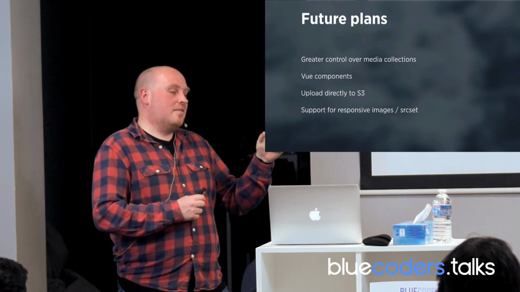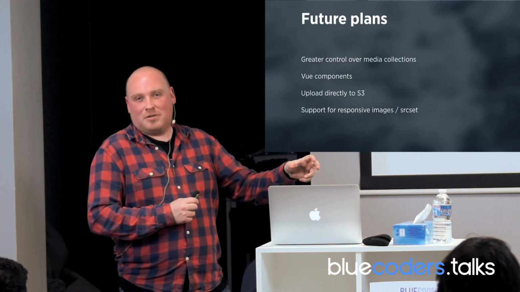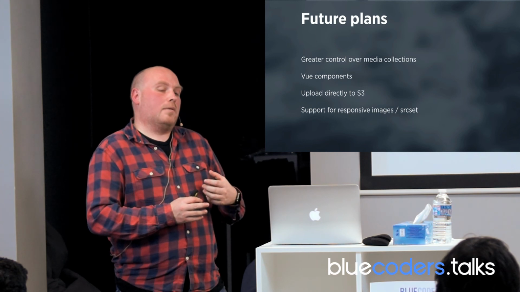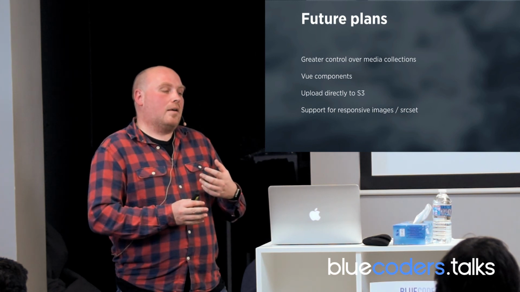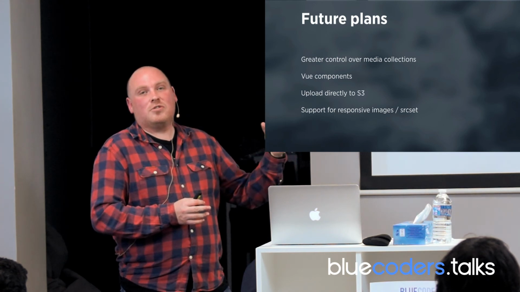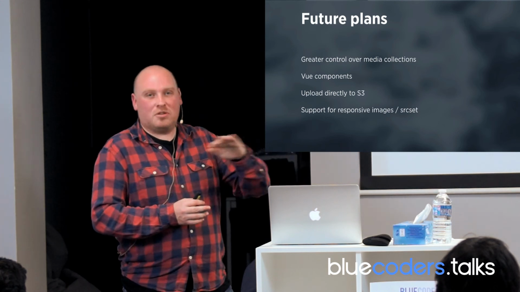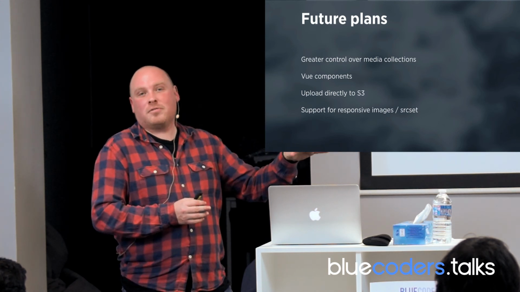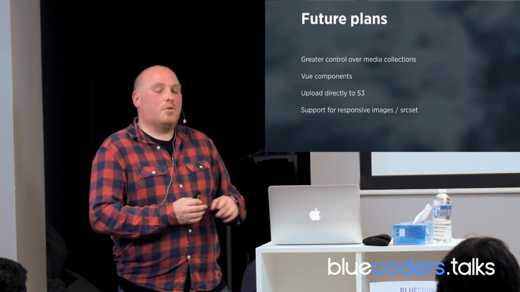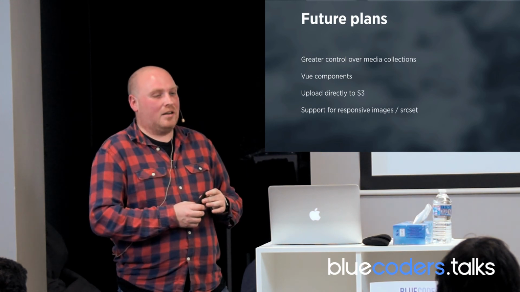So you can say, in this collection, only JPEGs are allowed. We are also going to make it available that you can say, hey, this media collection should only contain one item, and when I add another one to it, just delete the other one. That's very useful for things like avatars. Those features are actually already in the V7 branch of the media library.